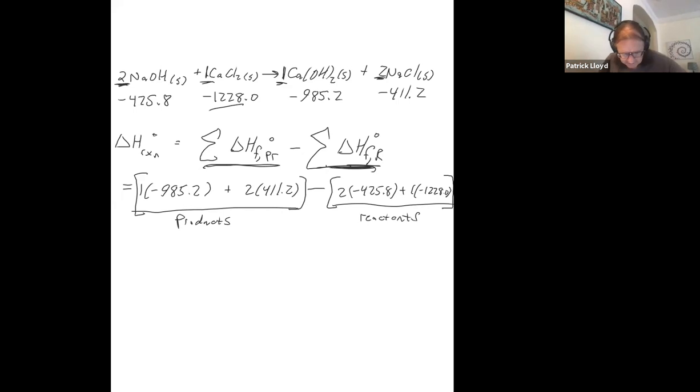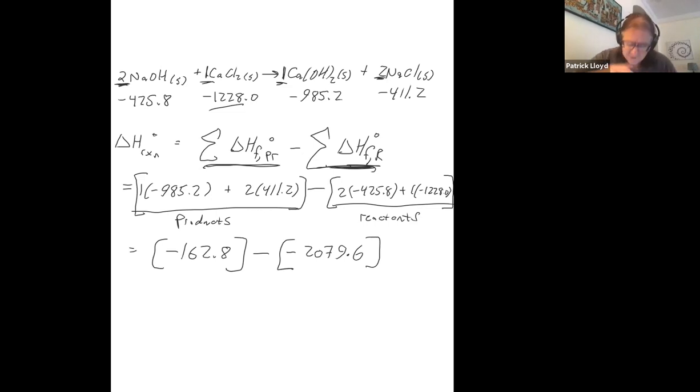So I get minus 1807.6, minus 2 times 425.8 negative plus 1 times 1228.0 negative. And it looks like, yeah, this is going to be a big negative number, right? This is going to be negative 2079.6.